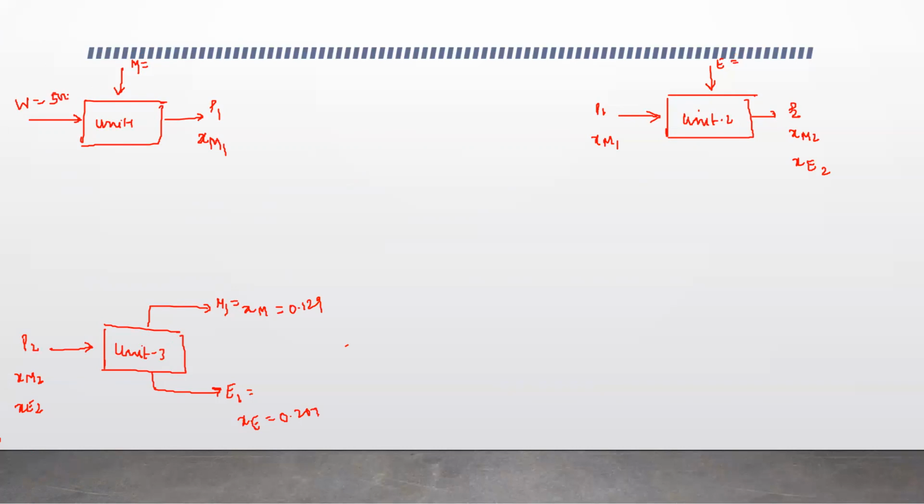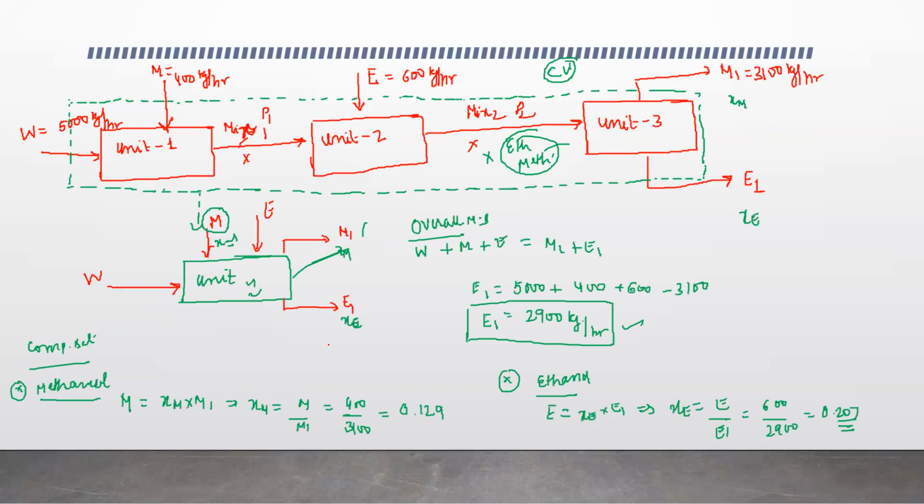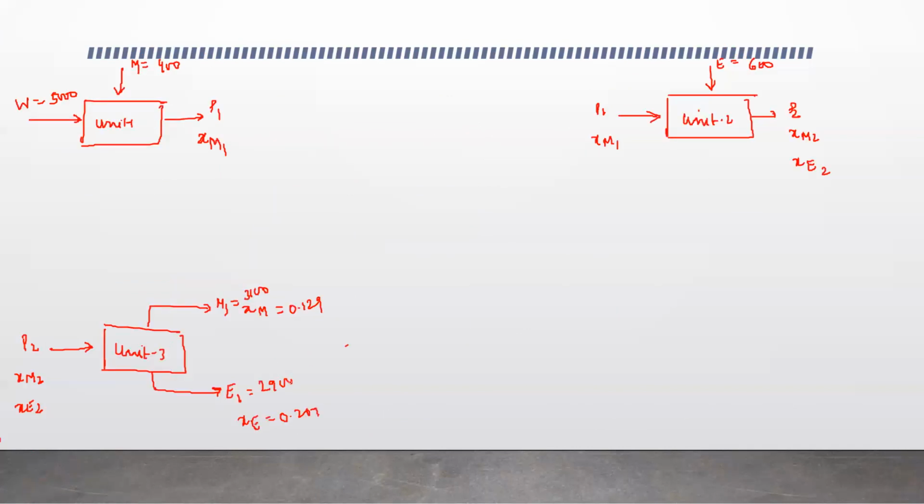This is 5,000. This was 400. Then this was 600. This was 3,100. And this was 2,900. So these are the values, and these are my 3 block diagrams complete.